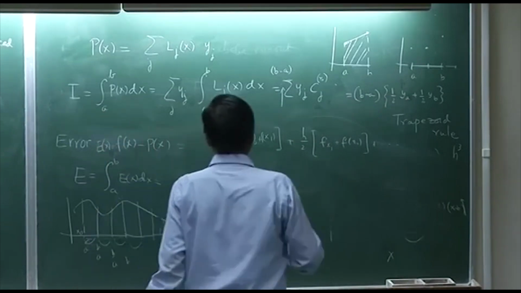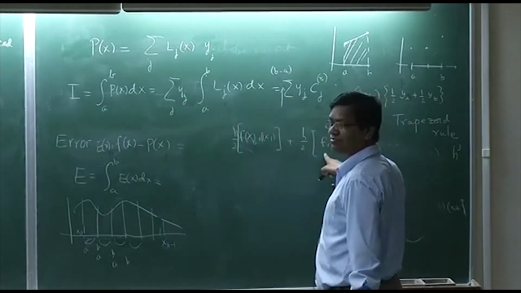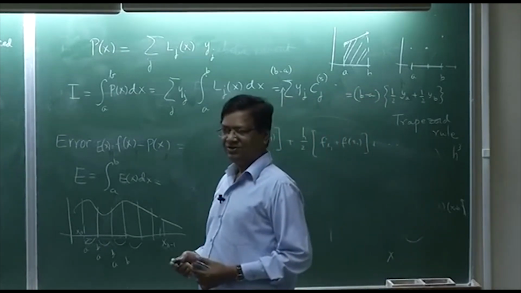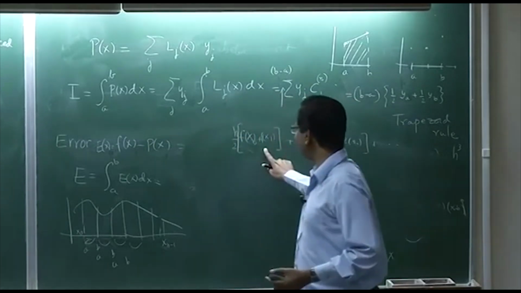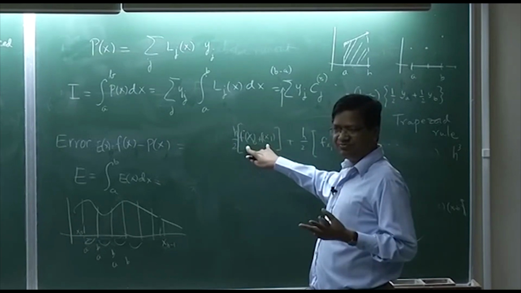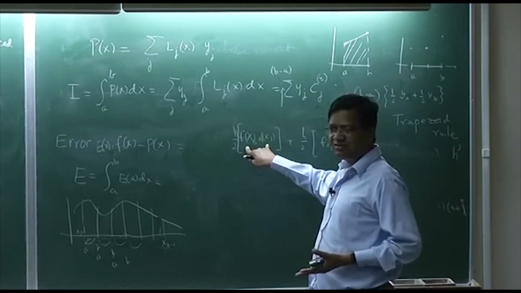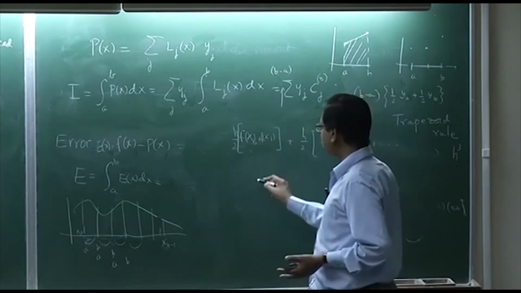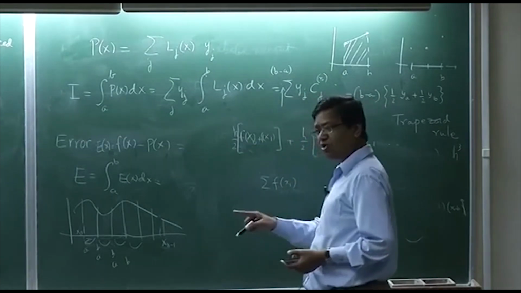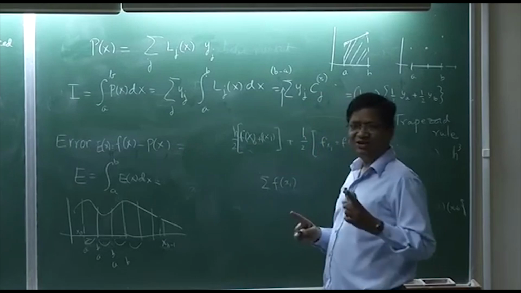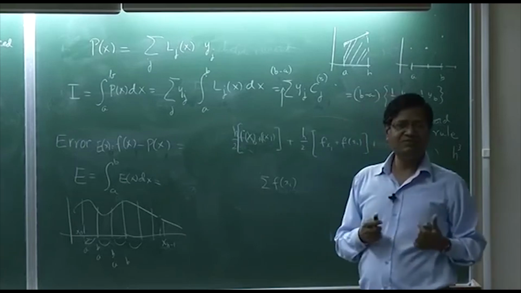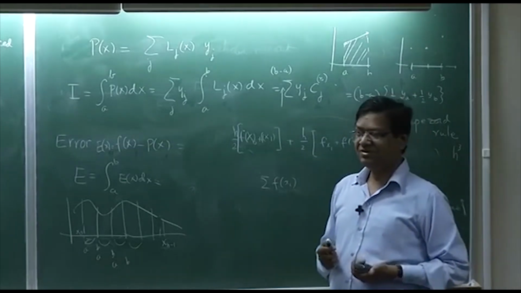But if you see, f(x1) can be added from here and here. So all the intermediate points you can add half plus half. So this involves how many multiplications and additions? It involves 2 additions for each slice. I can decrease the order. I can write this as the sum of f(xi)'s. So sum over all, because all of them have factor 1, because there is a half contribution from the left and half contribution from the right, but at the end points the factor is half, right?